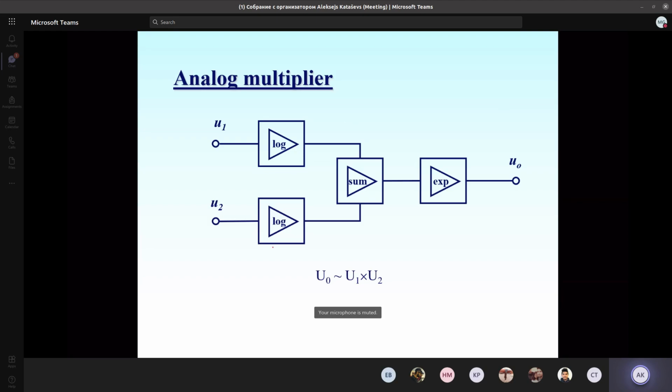The logarithm, say the decimal, of the product is equal to the sum of the logarithms.